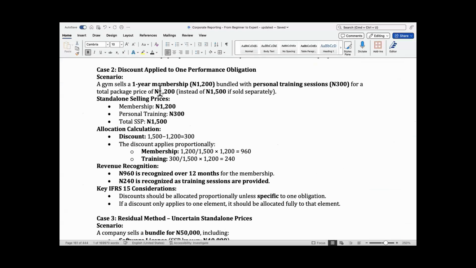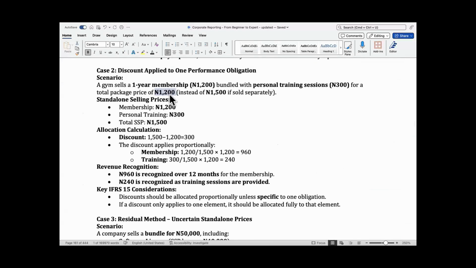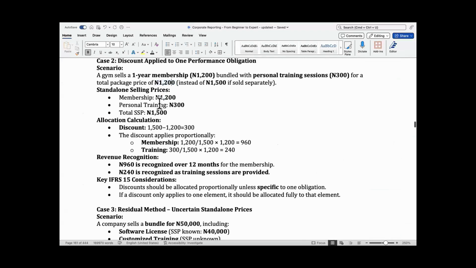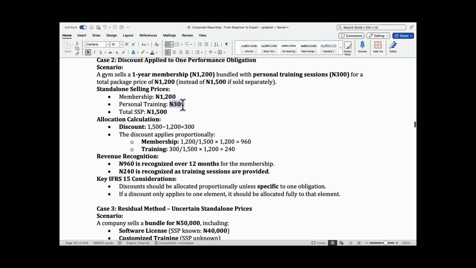The transaction price in the contract is 1,200, but the prices of the services in the contract, membership alone 1,000, personal training 300, mean the total standalone selling price is 1,300.